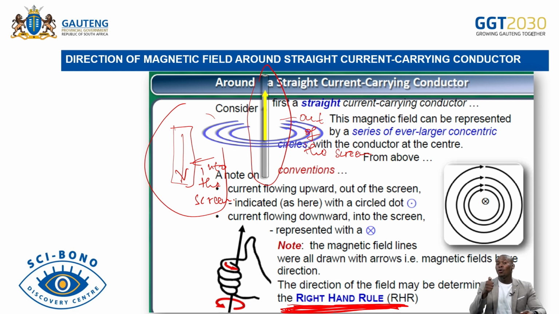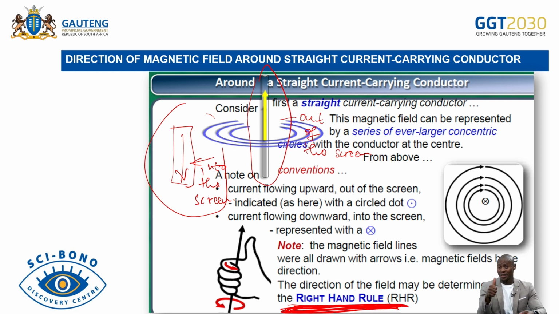When you are talking about a straight conductor, you want to determine the direction of the magnetic field, right? We are using the right hand rule. Two important things: your thumb and the curled fingers. Your right thumb is in the direction of the current, whether it is out of the page or into the page, out of the screen or into the screen.